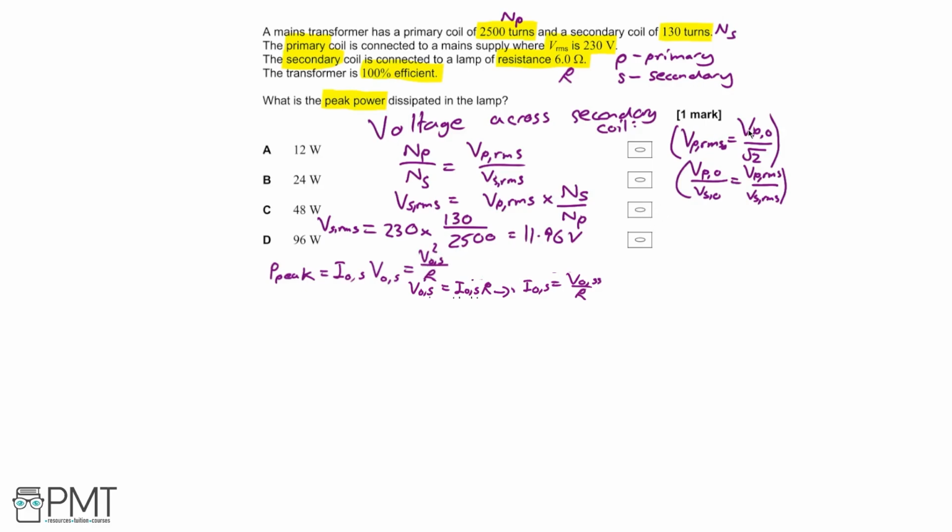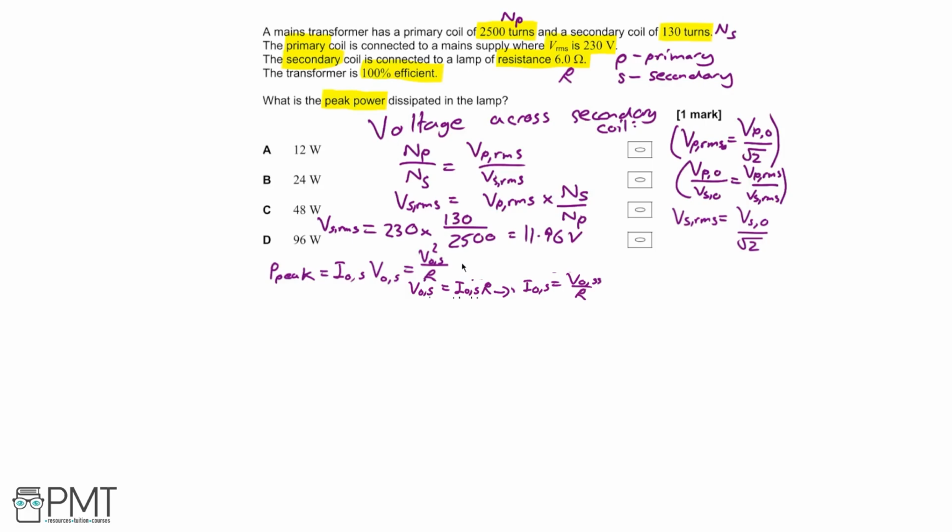Now we have to use our other equation, which is that Vs RMS is equal to Vs0 divided by the square root of 2, which is just saying that the mean voltage through the coil is equal to the peak voltage through the coil, which will also be through the lamp, divided by the square root of 2, as we discussed earlier for the primary coil.